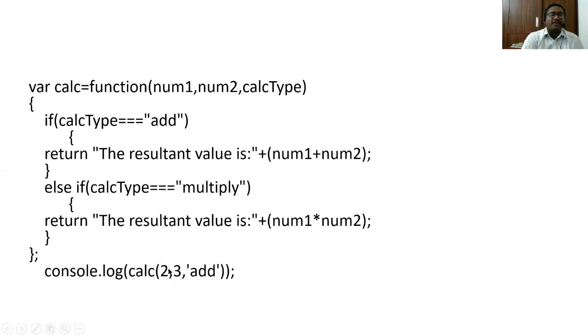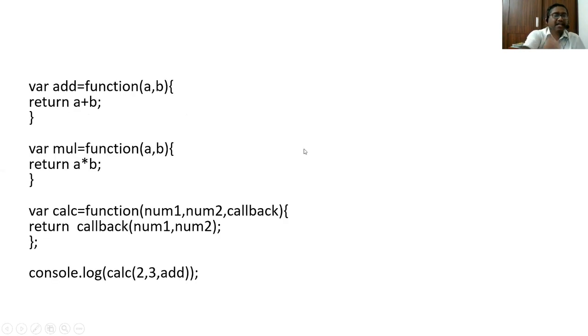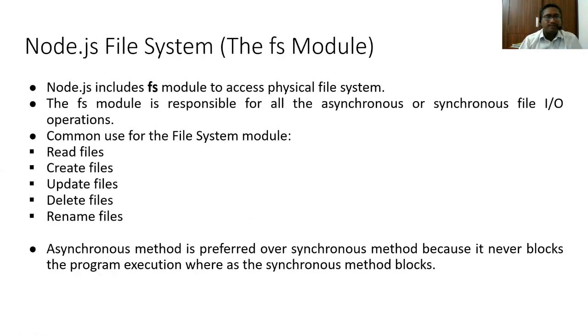Calc is the function object. I am passing the values 2, 3, and I call add, so we get the added output. Similarly, with a different mathematical function with the return statement, it will give its own value.